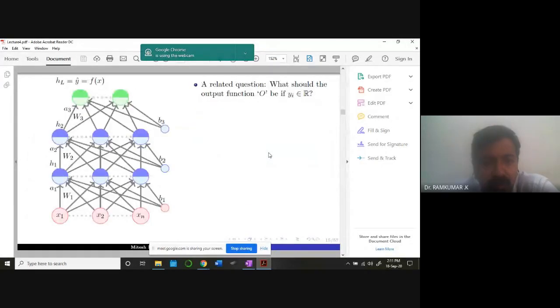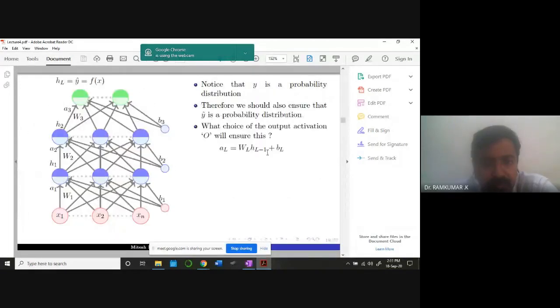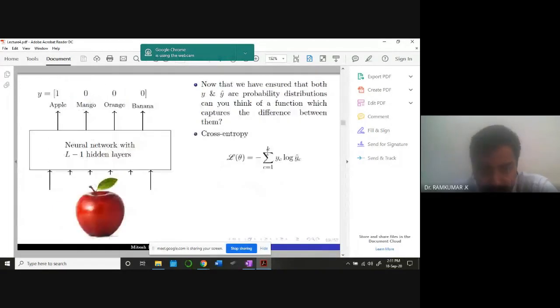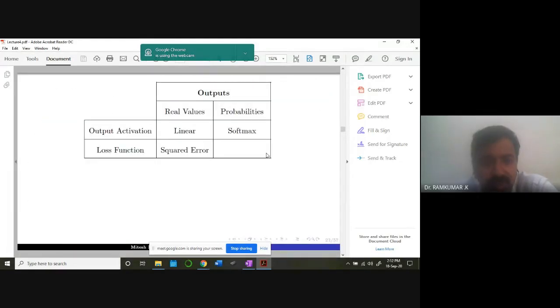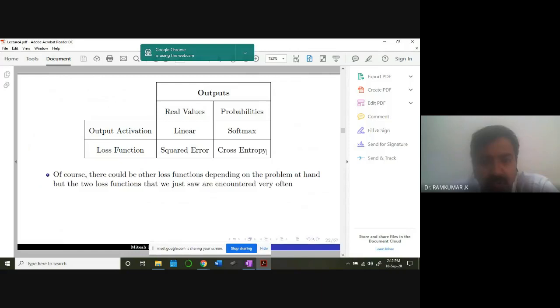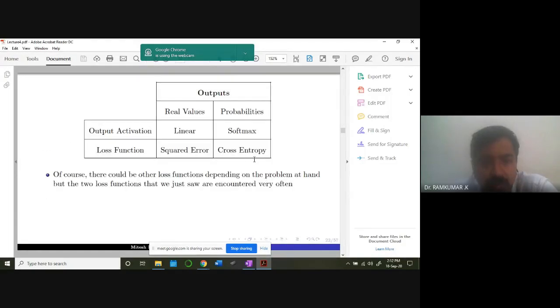Here he is employing a different loss function. Instead of squared error, we have cross entropy. Output activation can be linear or softmax. We will learn about softmax later on. The loss function he has used in this problem is cross entropy, a different kind of loss function.